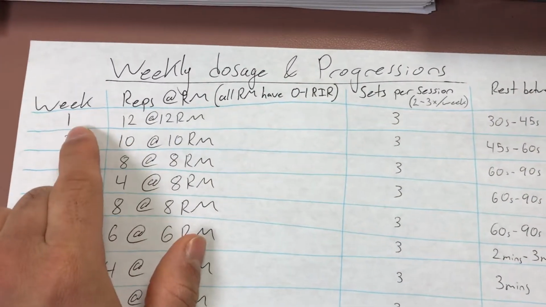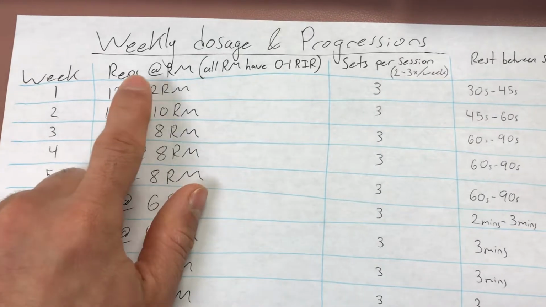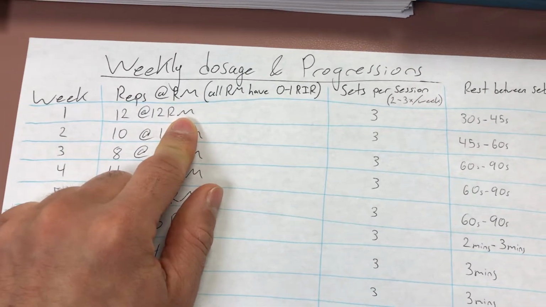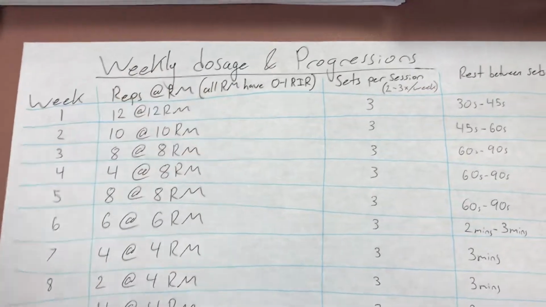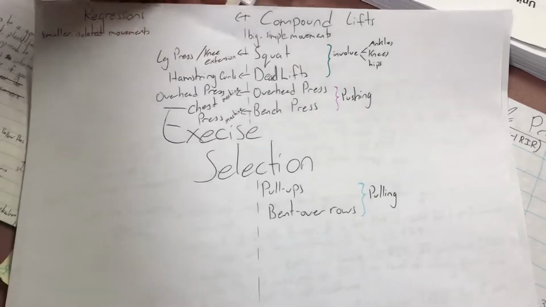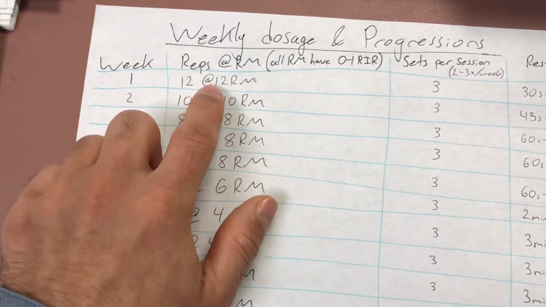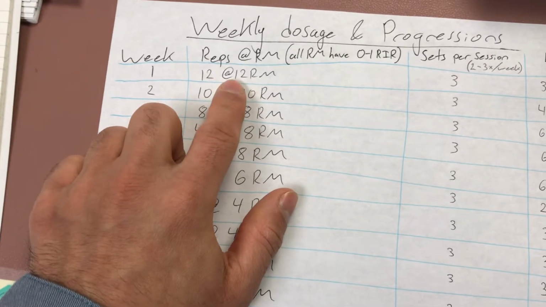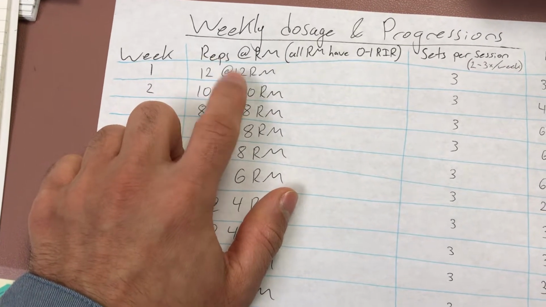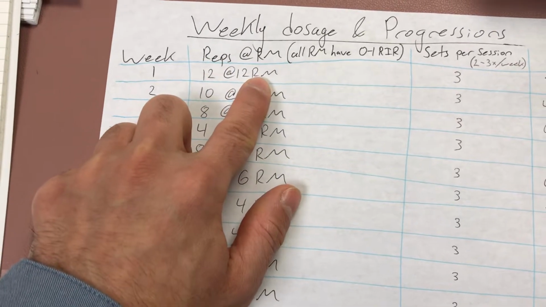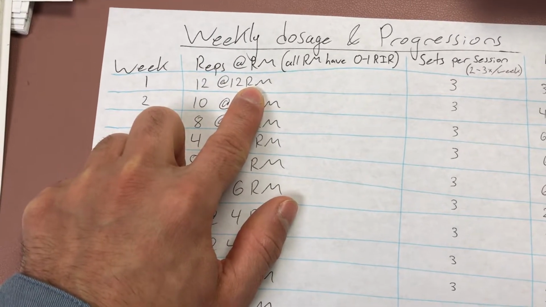So on the first week, we're doing 12 reps at the 12 rep maximum intensity. So that means whatever exercise you're doing doesn't have to be any of the ones suggested here in my exercise selection slide, okay? It could be your own exercise. Whatever you're doing, you need to have enough variables to manipulate so that by the time you do the 12 reps, you are not able to complete a 13th rep, okay?